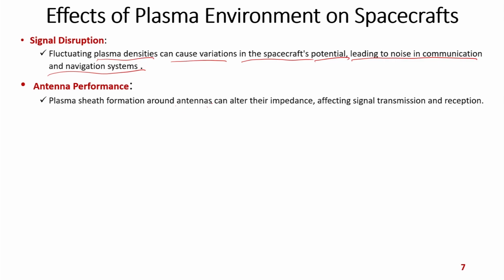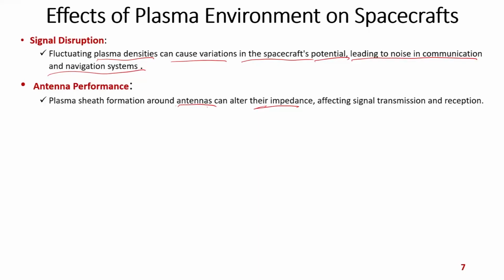The antenna needs impedance matching to either the receiver or the transmitter, but inside the plasma sheath it is a non-neutral environment, as I explained in past sessions. So it can affect signal transmission and reception.